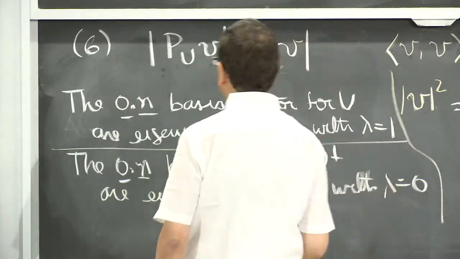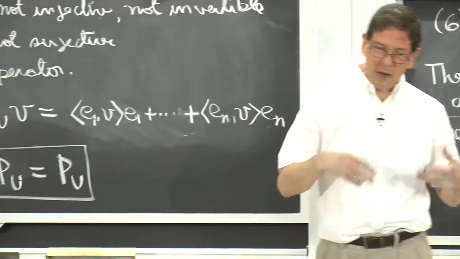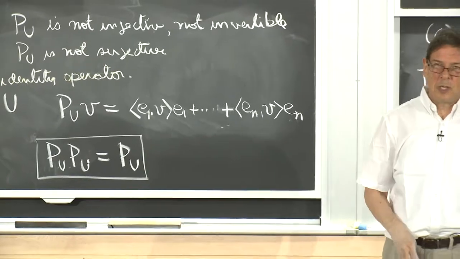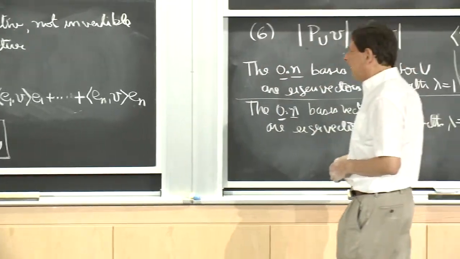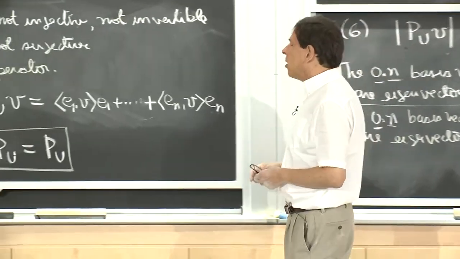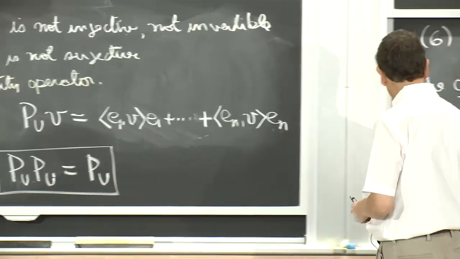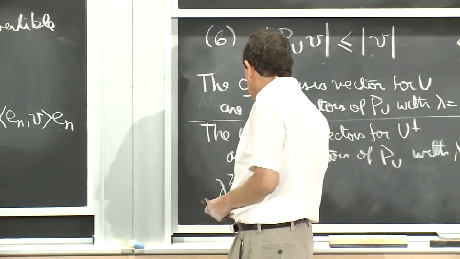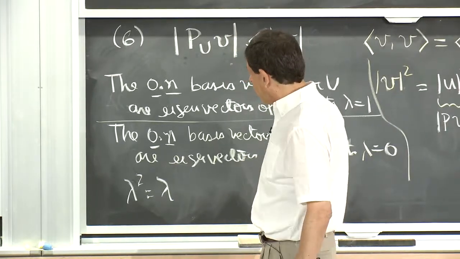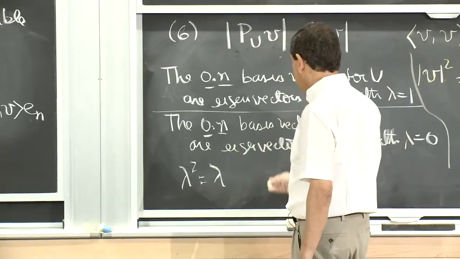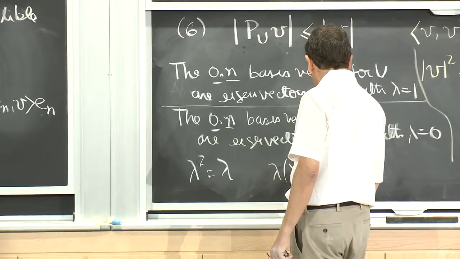And this could have been anticipated from this equation. You see, if an operator satisfies an equation, we've explained before that the eigenvalues satisfy the same equation. So lambda squared is equal to lambda is an equation that should be satisfied by eigenvalues of the projector operator. Therefore, this equation is lambda times lambda minus 1 equals 0.